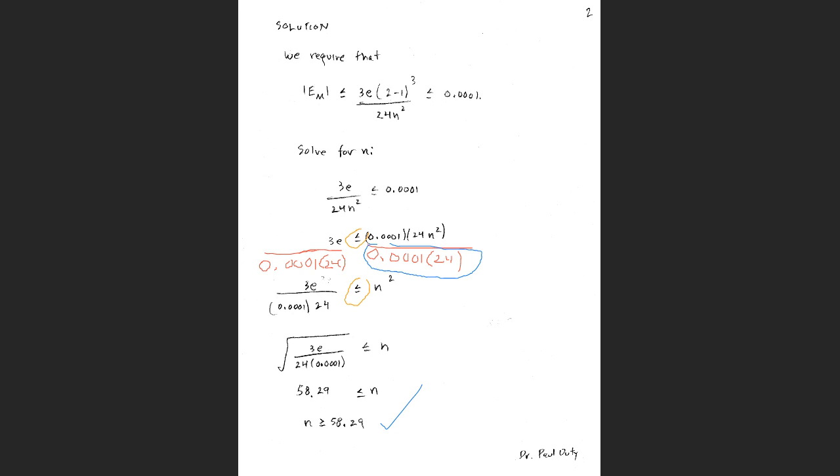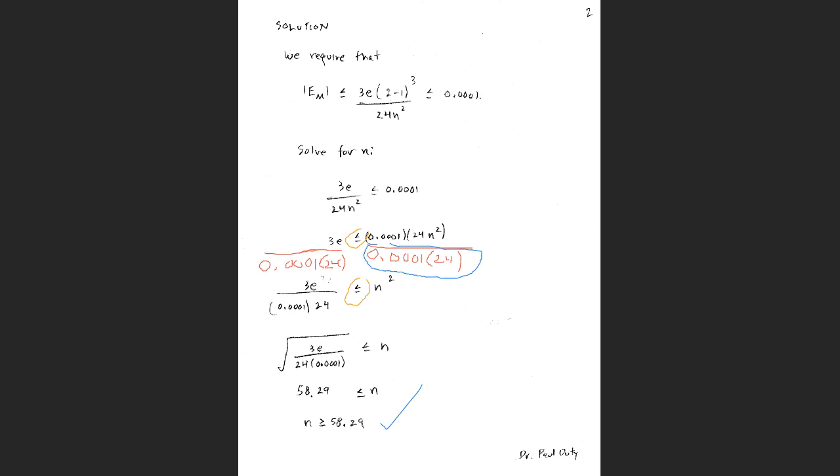Are there any questions so far? All right, so can I have 58.29 intervals? No, can't have that. Is it okay to use 58 intervals? No, it has to be 59.